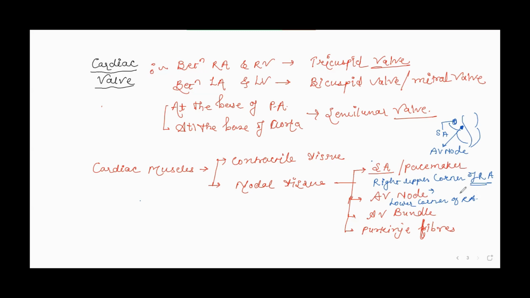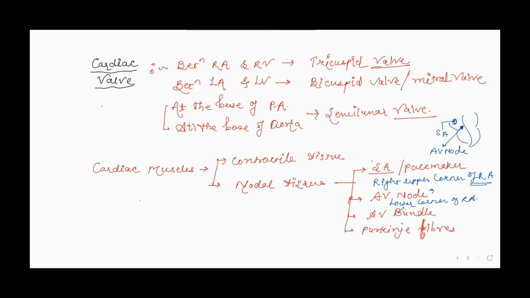Okay. And the AV bundle and Purkinje fibers are in the interventricular septum, which divides at the apex of the ventricle. Basically, we can say all these are action potential generators, that is, auto-excitable, and send signals.